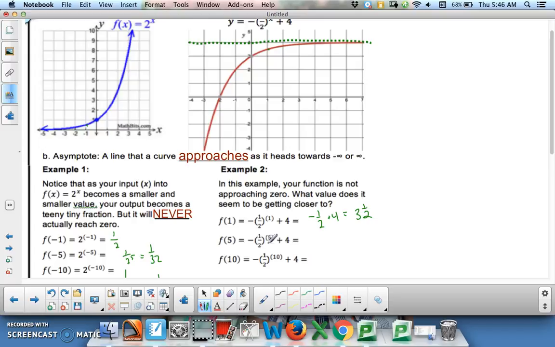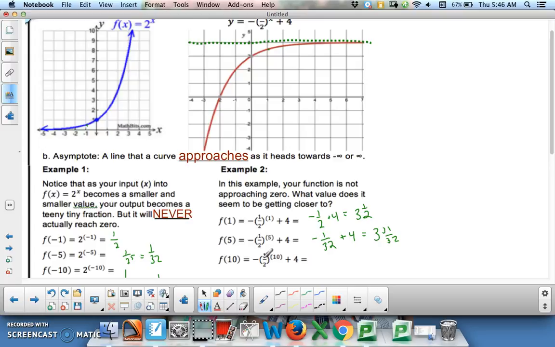If I put -1/2 to the 5th, if you put that in your calculator, it ends up being -1 over 32, because it ends up being -1 to the 5th over 2 to the 5th, and we already said 2 to the 5th is 32. Plus 4 is going to be 3 and 31/32. Okay, so that's getting really, really close to 4, because 31/32, that's almost a whole. So I'm almost at 4, still not quite there.